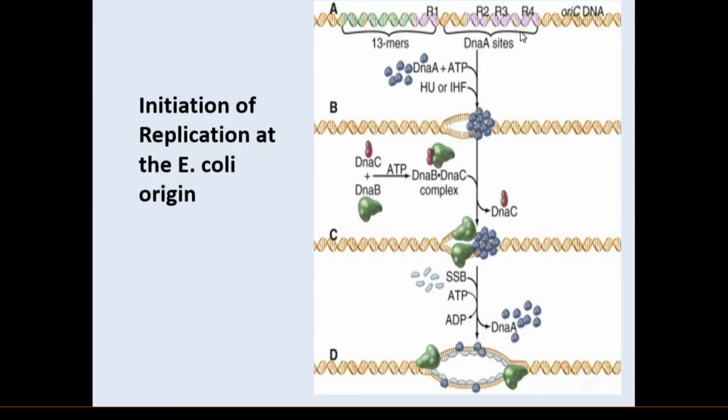About 20 DnaA proteins, each with bound ATP, bind at the oriC, and then denature the DNA duplex at this region. After that, DnaB or helicase with DnaC further unwinds the DNA for DNA replication.